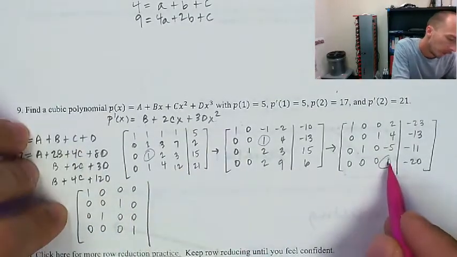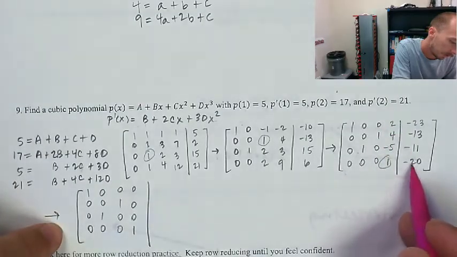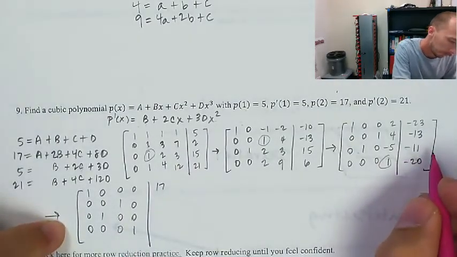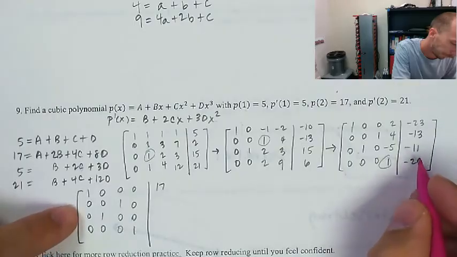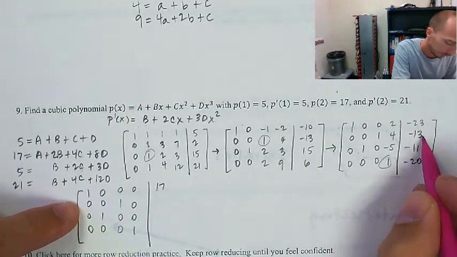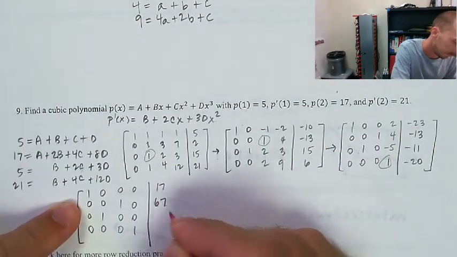Okay, so what did I do here? I subtracted 2. So if I'm subtracting, I'm adding 40. So 40 minus 23 is 17. Over here I'm subtracting 4, so I'm really adding 80. 80 minus 13, that's going to be 67.